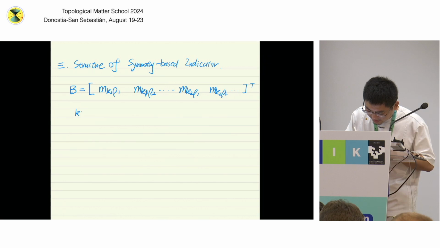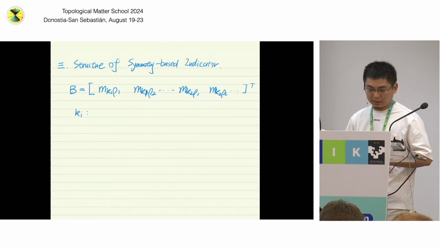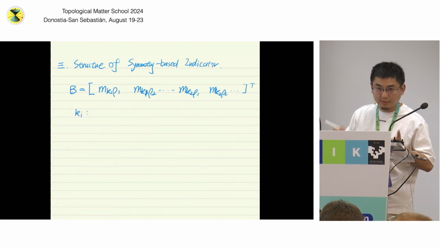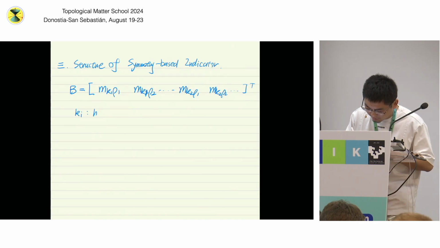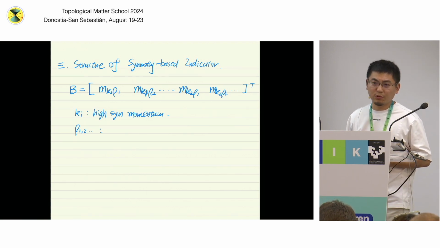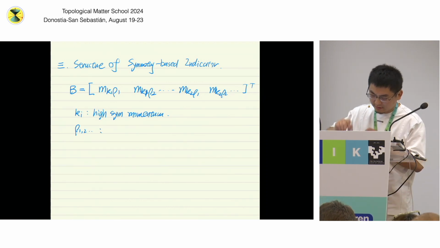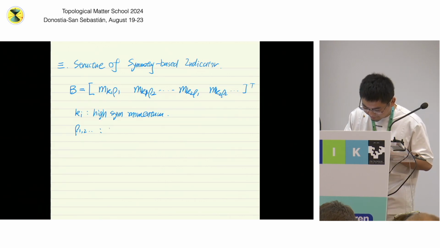So K_i goes over all the high symmetry points in the Brillouin zone, high symmetry momenta in the Brillouin zone. And ρ_i, ρ1, ρ2, are all the possible irreducible representations at the corresponding momentum.